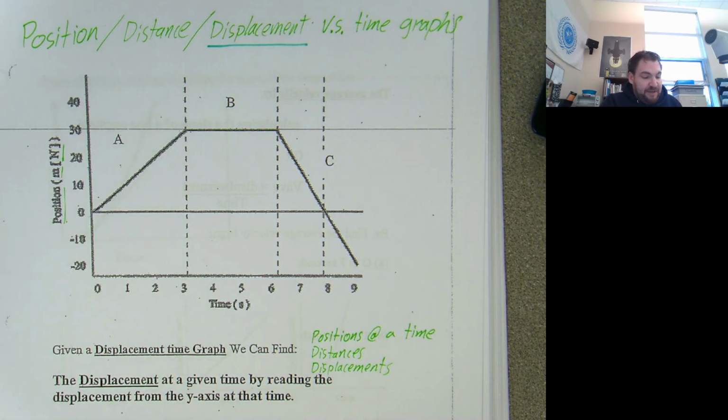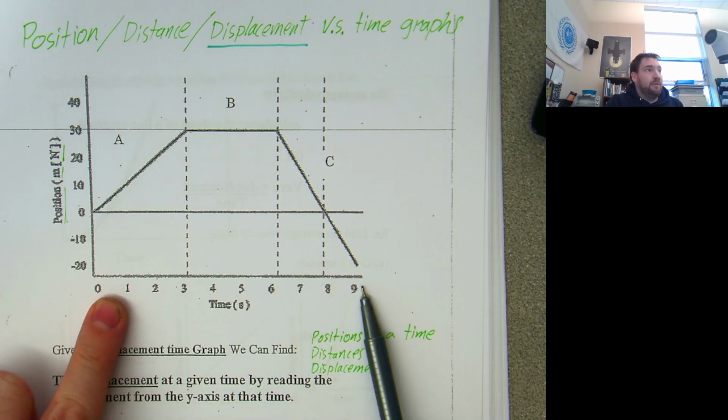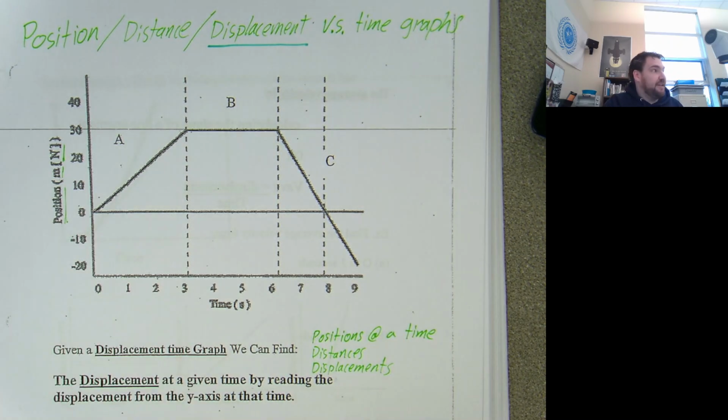What is the displacement given a particular length of time or time frame? When we combine looking at displacements and distances with the fact that we have a timeline on the bottom here, what else can we find on a graph like this? If I start combining distances with times, what am I looking for?